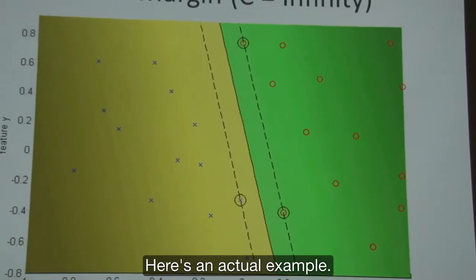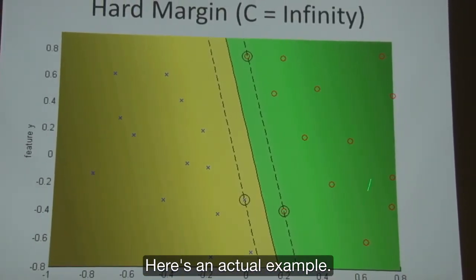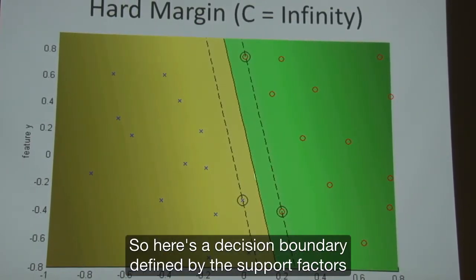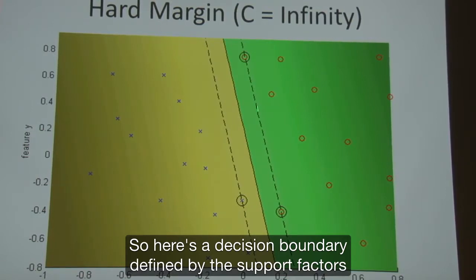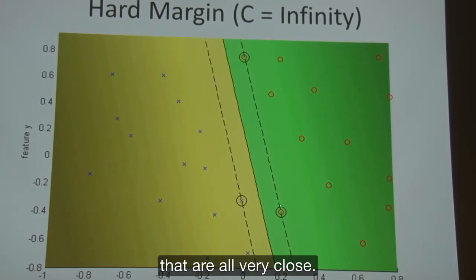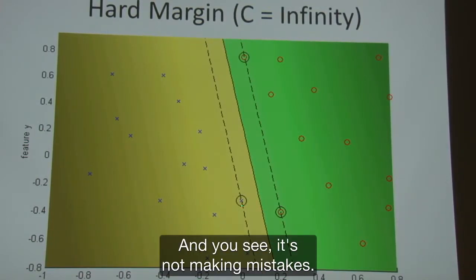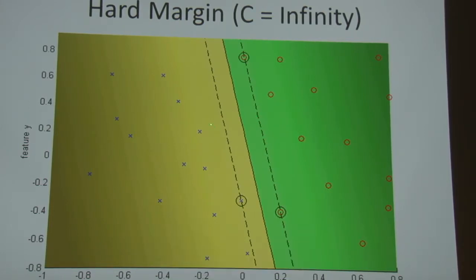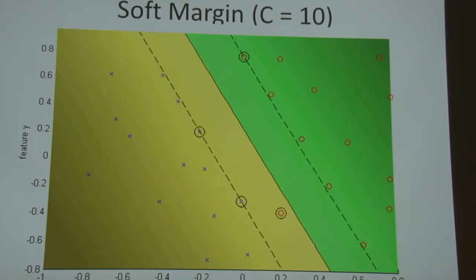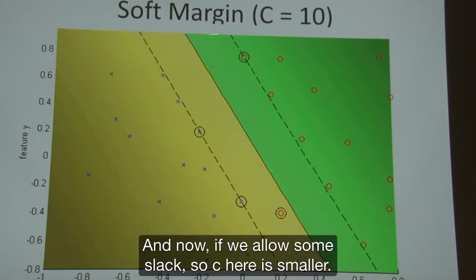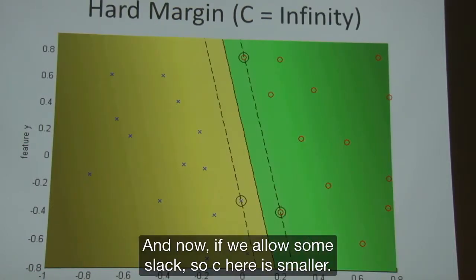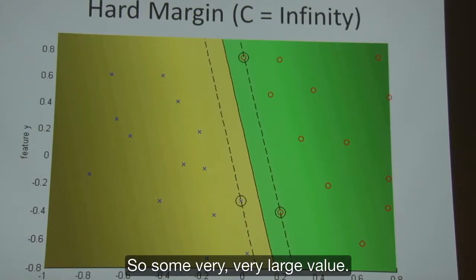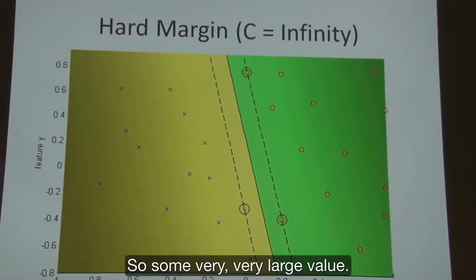Here's an actual example. So here's a decision boundary defined by the support vectors that are all very close. And you see it's not making mistakes, but the margin is also not very wide either. And now, if we allow some slack, so C here is smaller, this was C basically infinity, so some very, very large value.